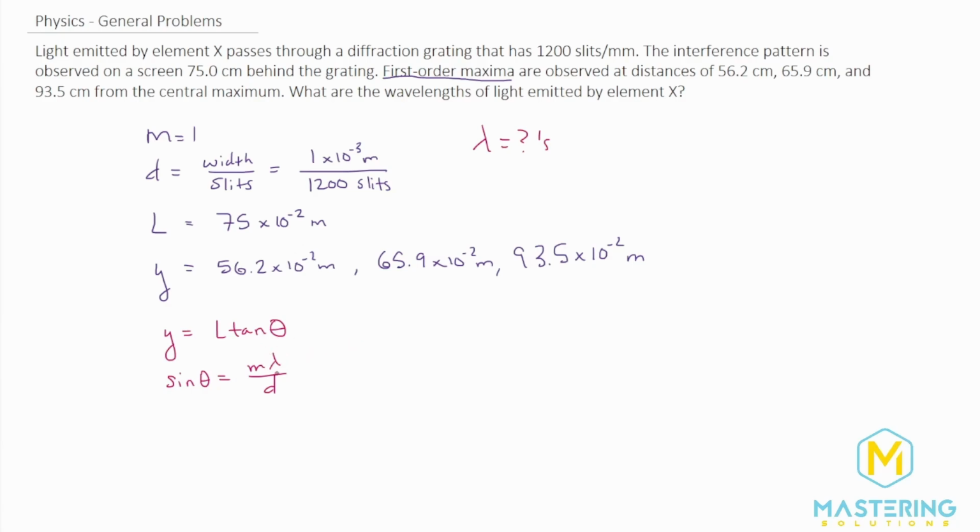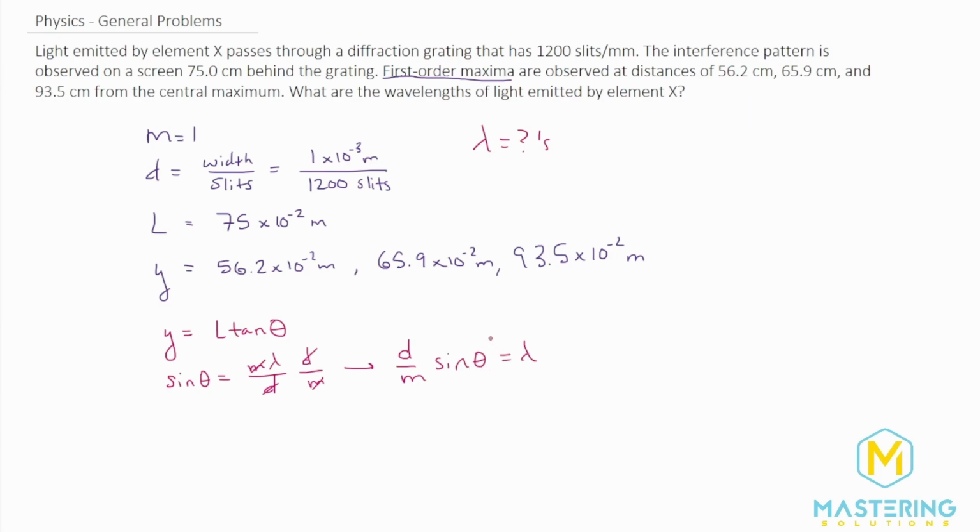We're trying to solve for lambda, so let's isolate that. We'll multiply both sides of the equation by d, and then we'll divide both sides of the equation by m. So the d's will cancel and the m's will cancel. Now we have d over m times the sine of theta is equal to lambda.